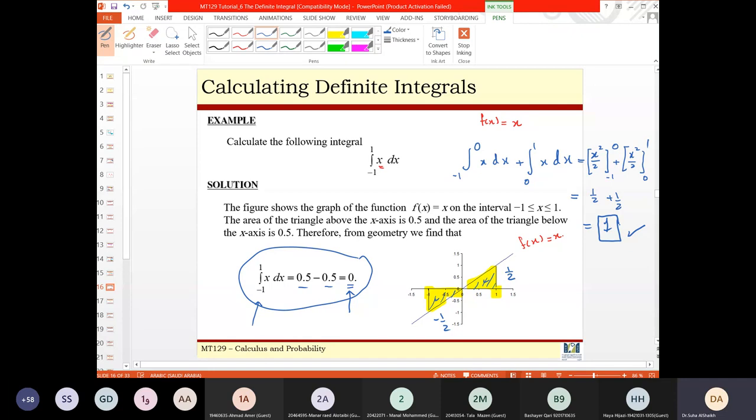They will cancel out, so the result is 0 as you are seeing here. The correct thing is now we divide it into two parts and we get the answer here.